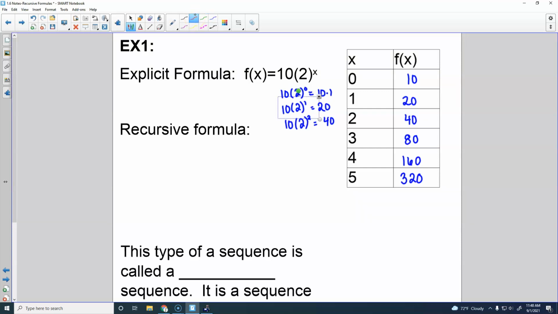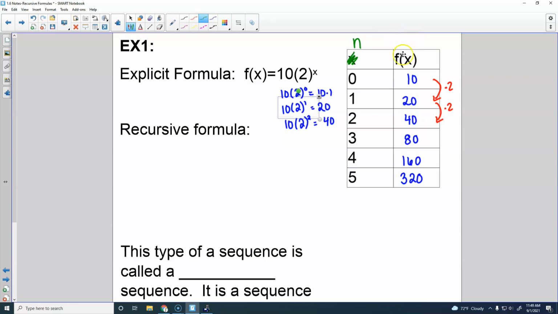So, recursive formulas say, how do I get from one term to the next term? Right? So what is the pattern with my y values here? Times 2. That's what's happening each time, right? So, recursive formulas, typically we are not going to use x's and f of x's. In fact, hardly ever do you see them written like that. So, what we use instead, the x is usually an n, so the n is like the number of your term, first term, second term, third term, nth term.